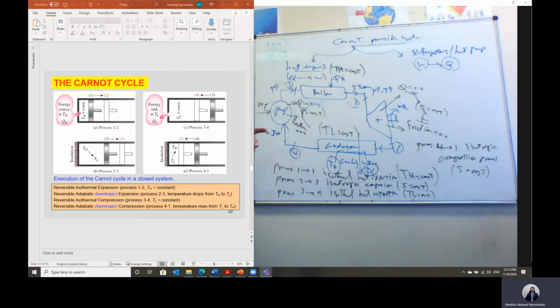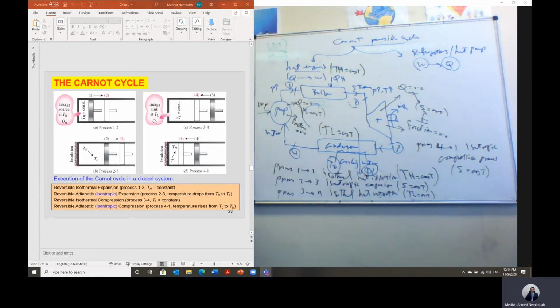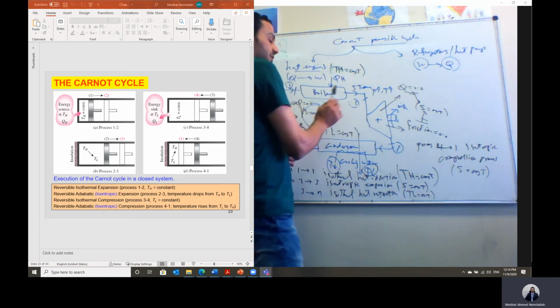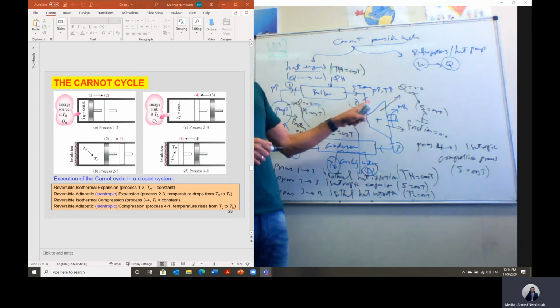Okay. Inshallah, in chapter 7 we will talk about the isentropic relations, how we can relate the properties at state 1 with the properties at state 4, and likewise the properties at 2 with the properties at 3. We will have T3 over T2 equal to P3 over P2 to the power (k minus 1) over k.